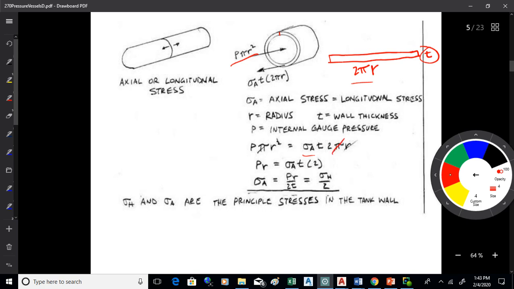The pi's cancel, and one of the r's cancel. So you end up with PR is sigma T times 2. Solve for sigma, the stress, and you get PR over 2T, which is half the hoop stress. So that's equation 62, all right?